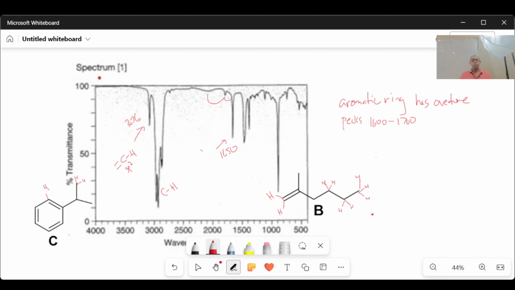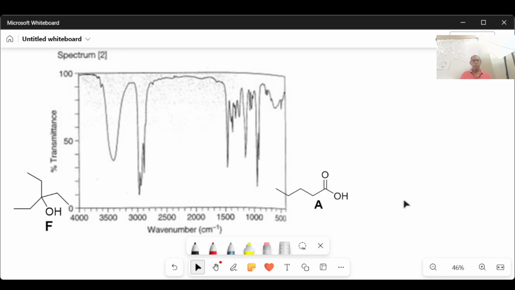That corroborates compound B. But for now, our best guess is compound B. This compound B belongs to this spectrum. Okay, now we continue to the next spectrum.